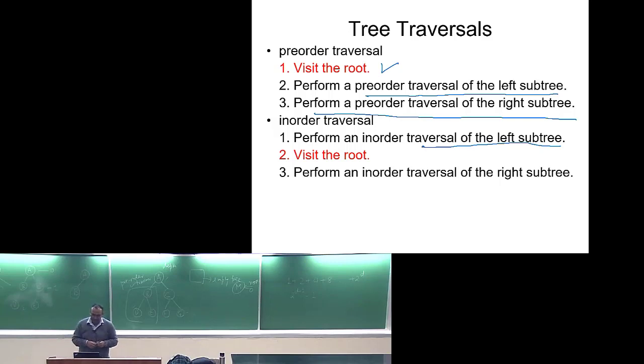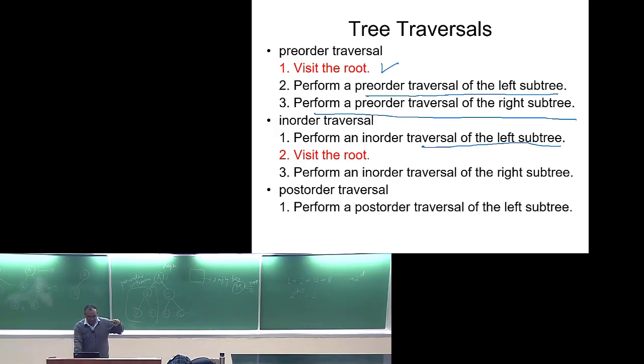In in-order traversal, we performed the in-order traversal of the left subtree, then we visited the root, followed by the in-order traversal of the right subtree. In the post-order traversal, we do post-order traversal of the left subtree, followed by post-order traversal of the right subtree, and then visiting the root. Okay? Questions?